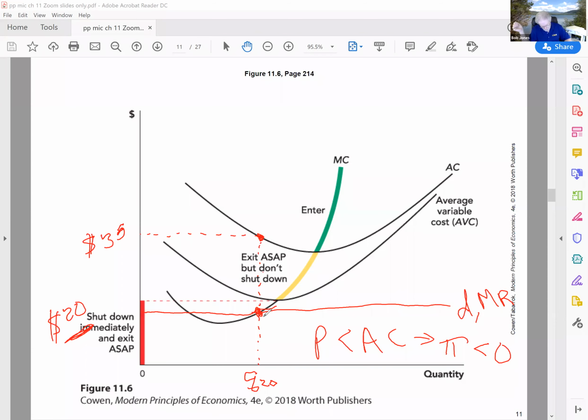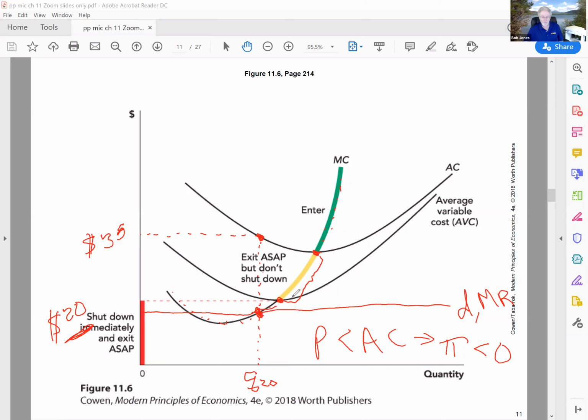And so this point is not a point on the firm's supply curve. All of these points were points on the firm's supply curve. All of these down here are not going to be. What about these points in between the AC curve and the AVC curve? Well, that's slightly more complicated.